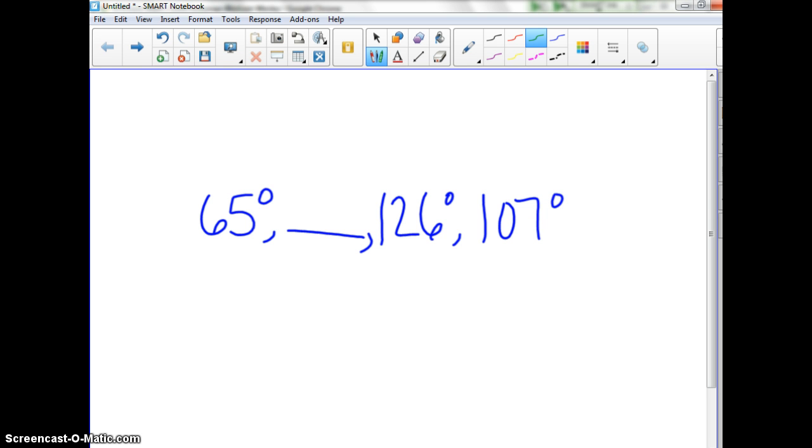Last example, and then I'm going to give you a challenge. Find the missing angle. 65, 126, and 107.